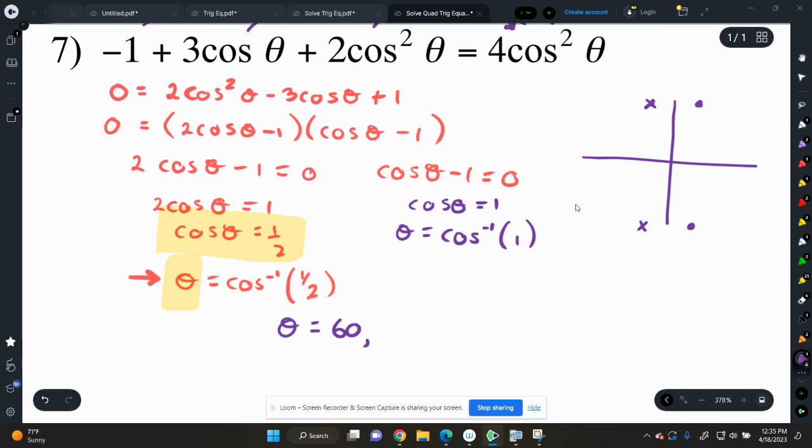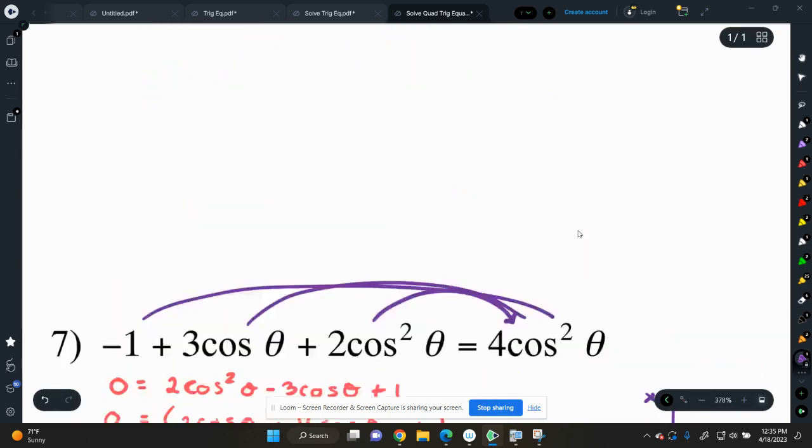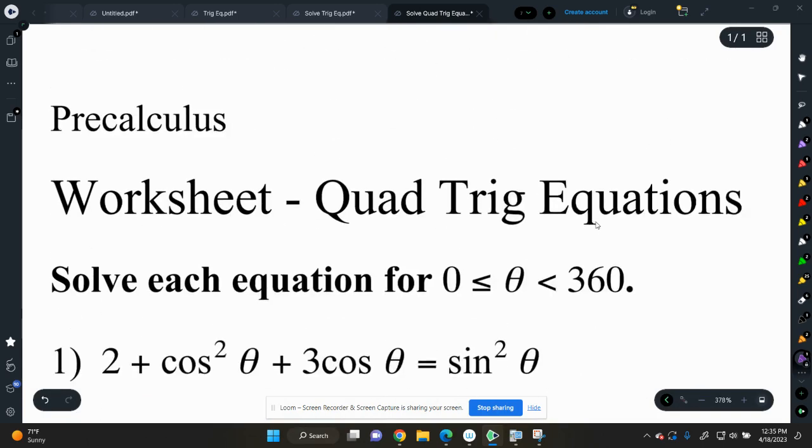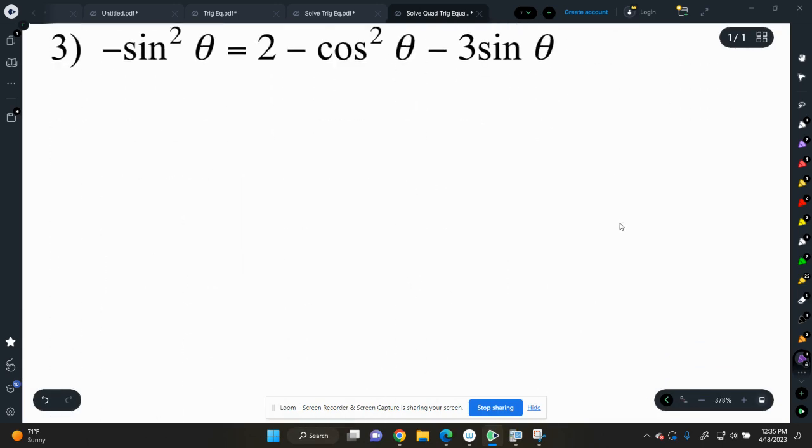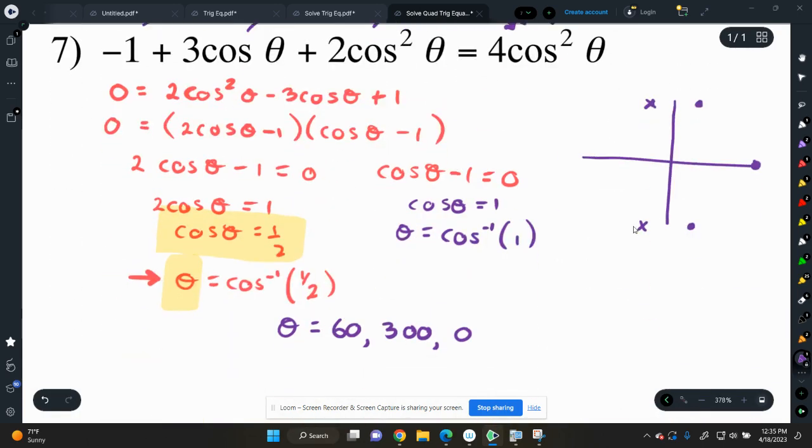So this one works, so that's 300 degrees. And then where's the inverse cosine equal to 1? That's going to be right here, which is 0. Do we include the 360? No, we do not. So it's just 0 degrees. So those are the 3 answers.